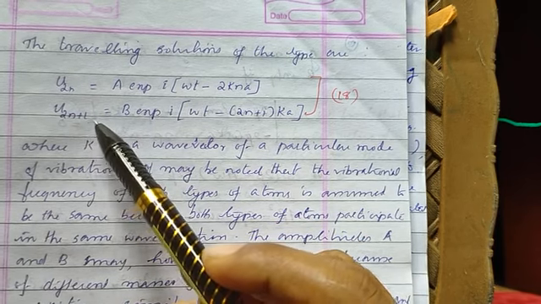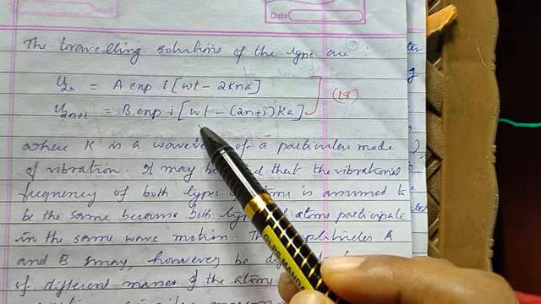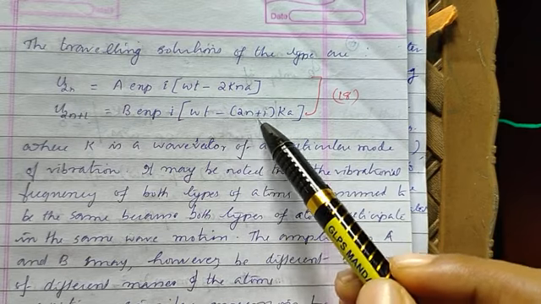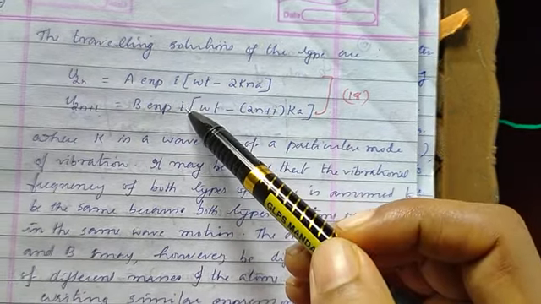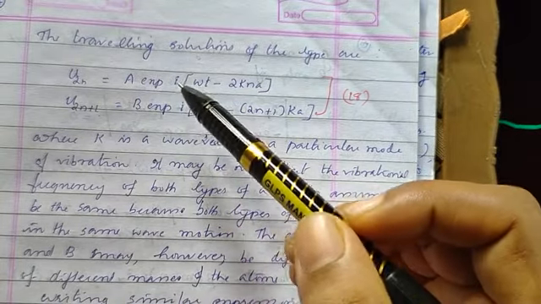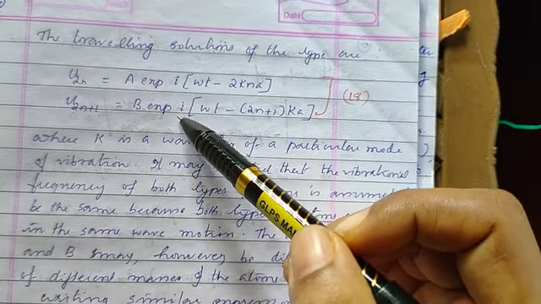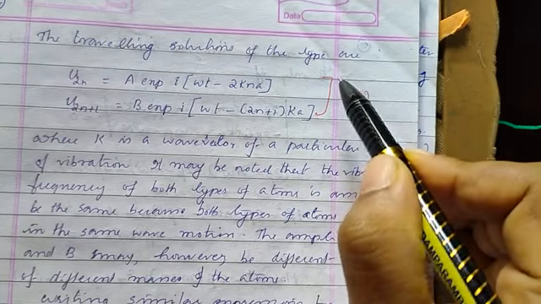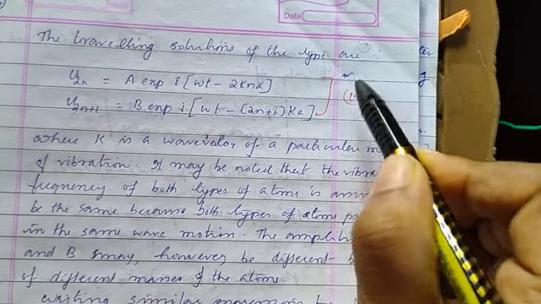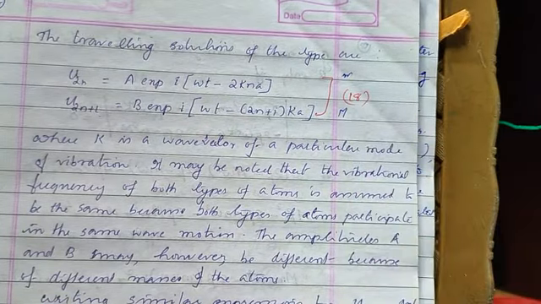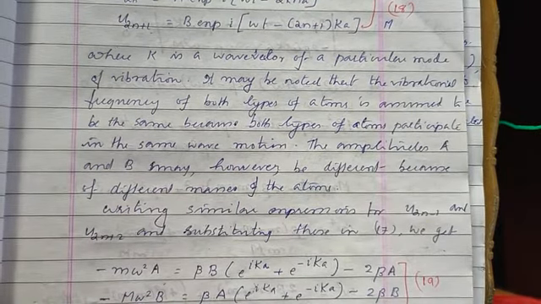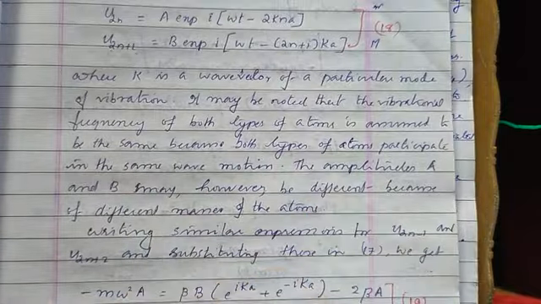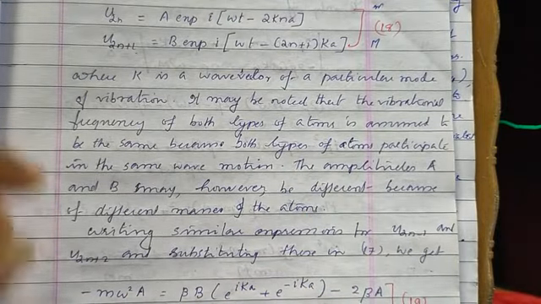Correspondingly, u2n plus 1 can be represented by B exponential i times omega t minus 2n plus 1 into ka. So we are representing two force equations, and the corresponding solutions for these two equations, for mass small m and capital M, for the two atoms separately. Writing down this equation just as we did in the previous case, you will get this force equation.